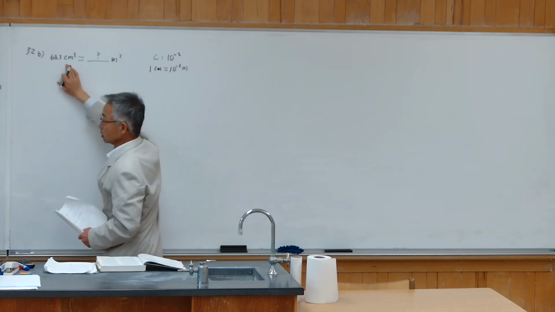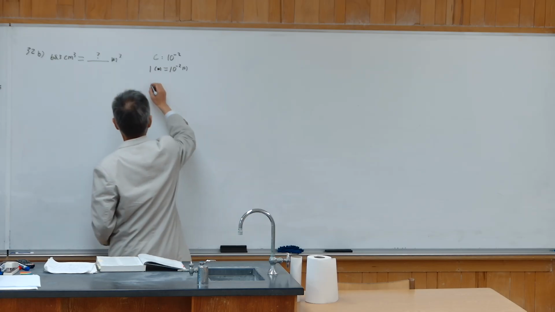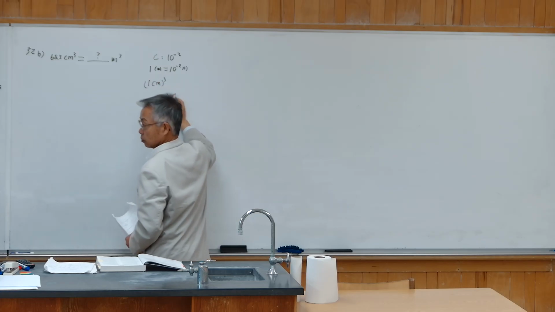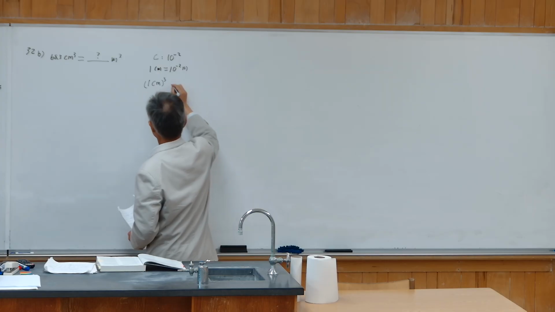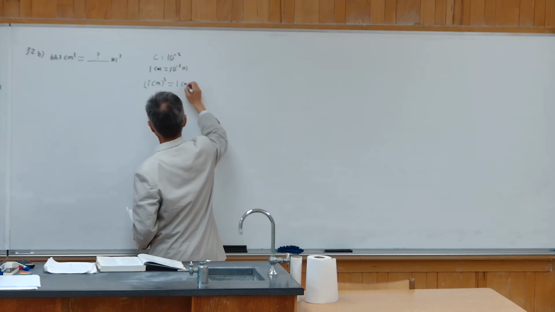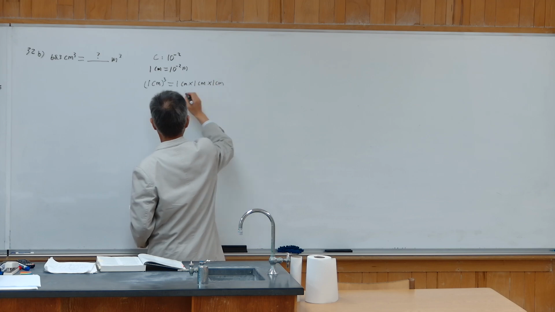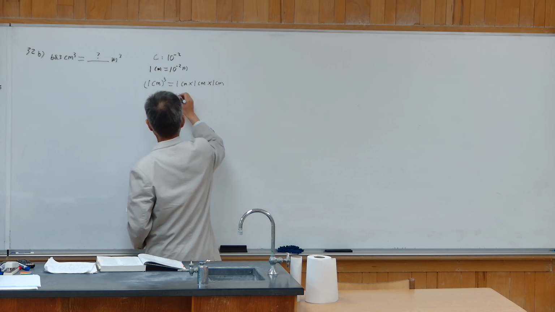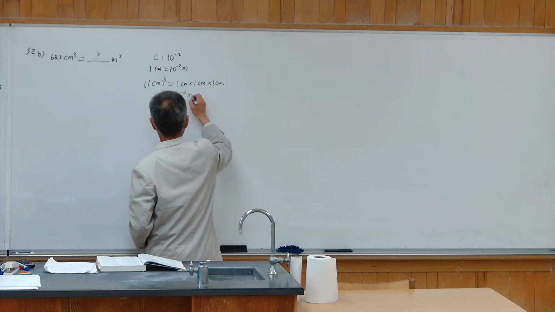It's a cubic centimeter, not a centimeter. A cubic centimeter means 1 centimeter times 1 centimeter times 1 centimeter, which is 10 to the negative 2 meter cubed, and it's 10 to the negative 6 cubic meter.